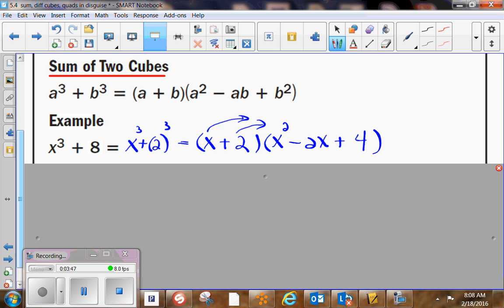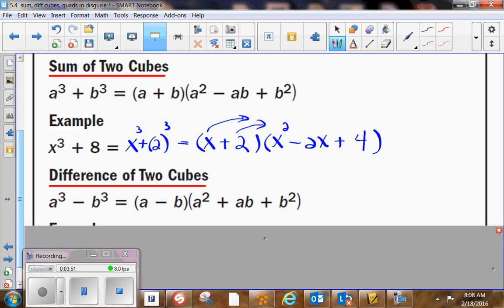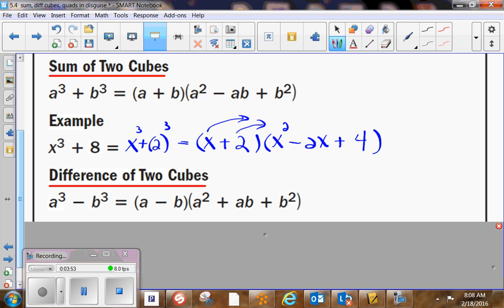But not only do we have sum of cubes, but we also have difference of cubes. Notice it's the very same formula, just with a bunch of signs that are different. But actually, we're still going to apply SOAP. Let's notice this one is the difference of two cubes, so it's a subtraction problem, the original.